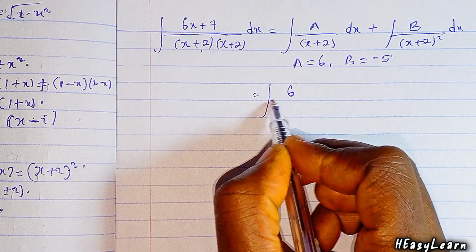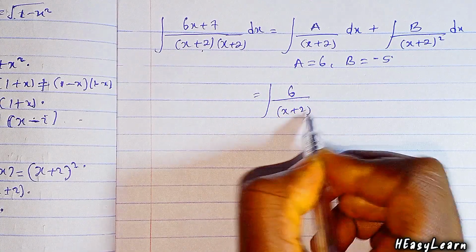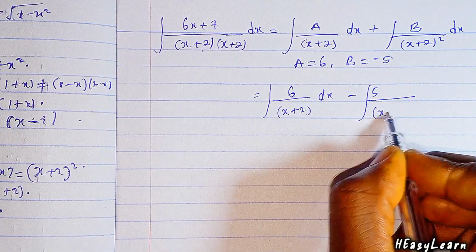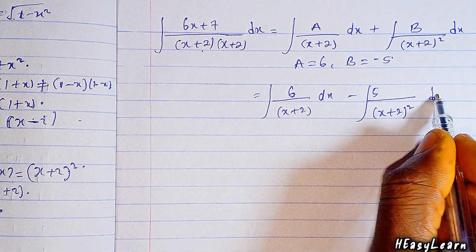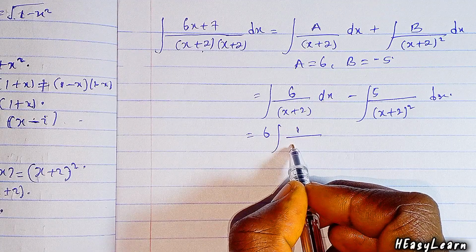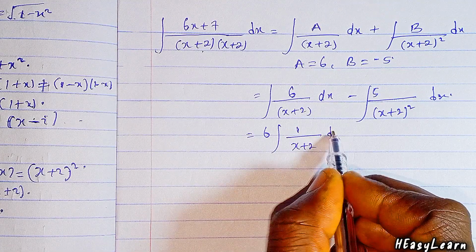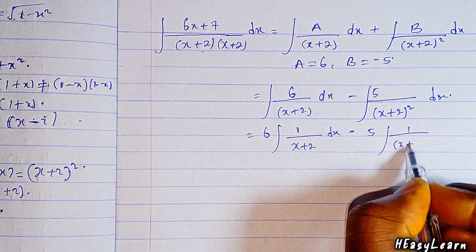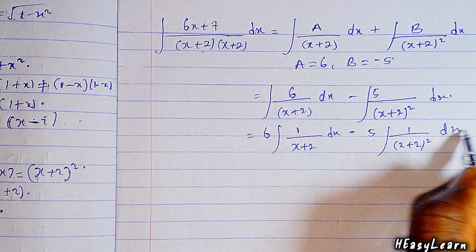So this is the integral of 6 divided by x plus 2 dx minus the integral of 5 divided by (x plus 2) squared dx. Remember that 6 is constant, the integral of 1 over x plus 2 dx, minus 5 is constant, the integral of (x plus 2) to the power of minus 2 dx.